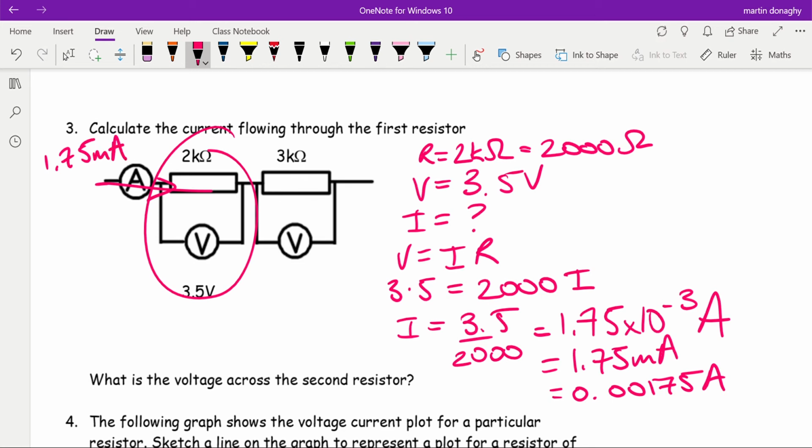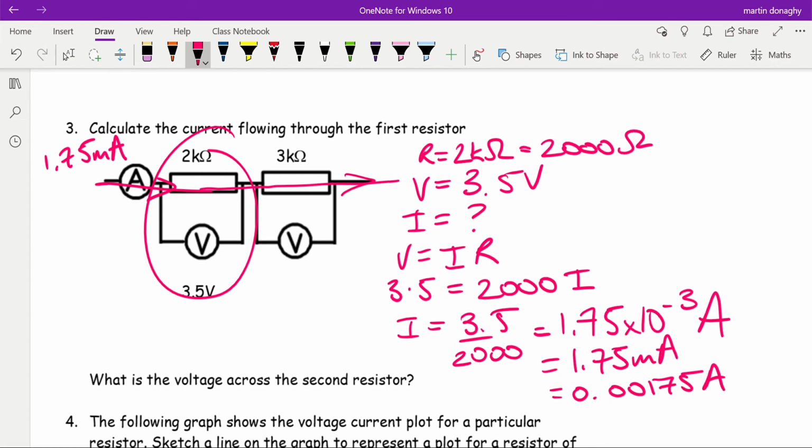But where does it go after it goes through that resistor? Through the second one. So by working out the current through the first resistor, I now know what the current is through the second resistor. Because they're in series, and from our previous booklet what we learned was if components are in series, the current is the same through all of them. It has nowhere else to go.